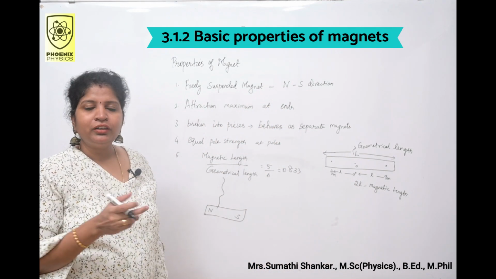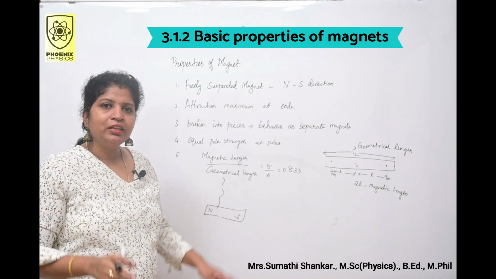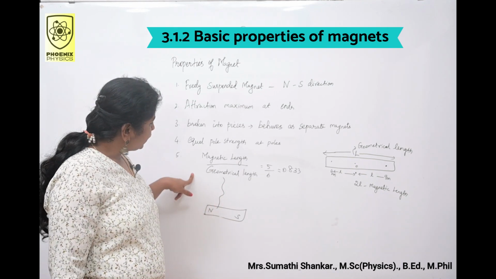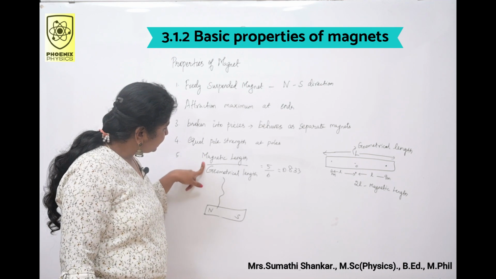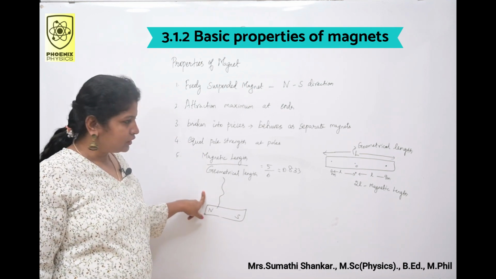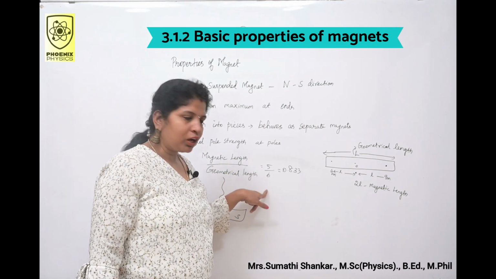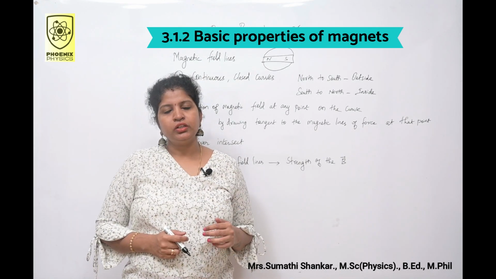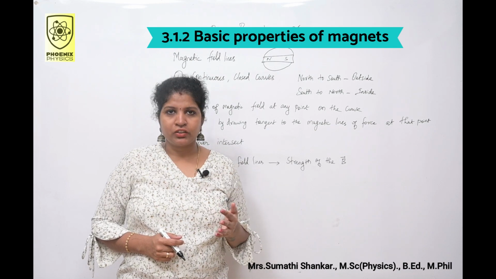Another important point, magnetic length is less than the geometrical length. So the ratio between magnetic length and geometrical length is 5/6 or 0.833.